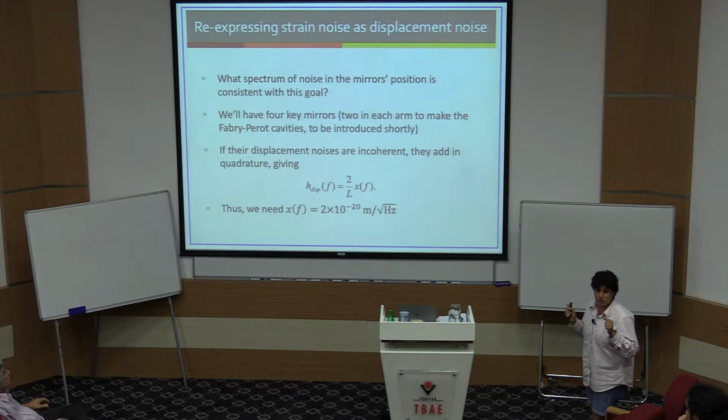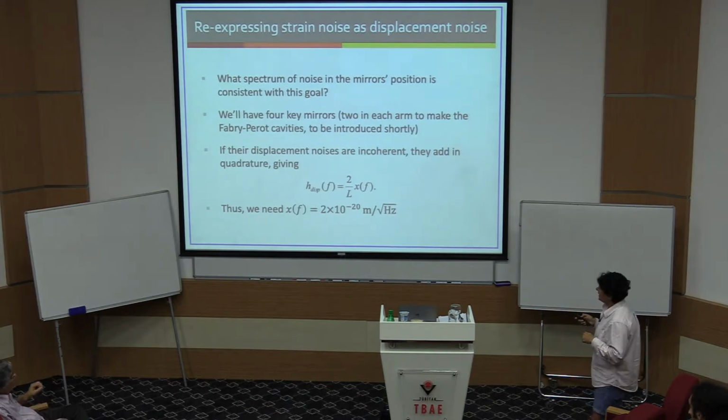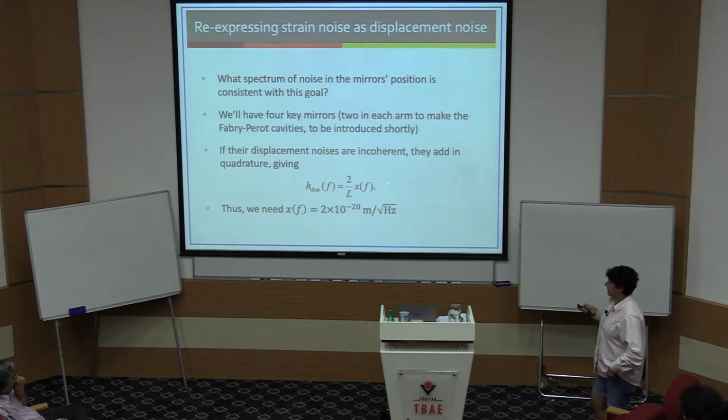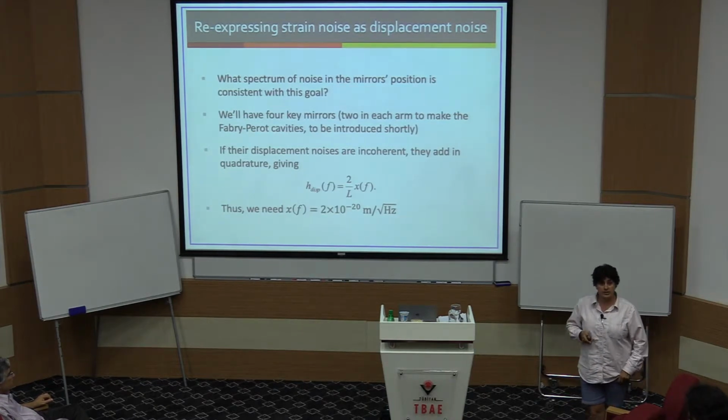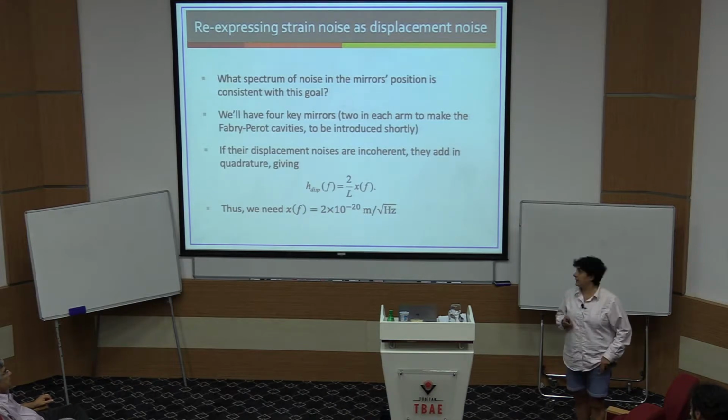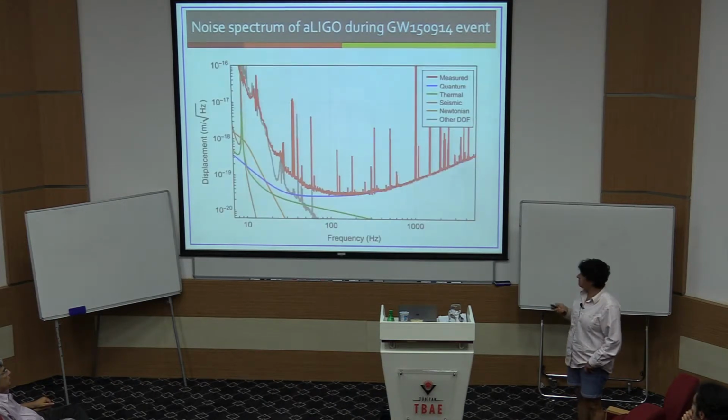I care about the motion of 4 mirrors. They are incoherent, independent of each other, so they add in quadrature, and I get this extra factor of 2. With that, I multiply this out, and I should have 2 times 10 to the minus 20 meters per root Hertz in my spectrum at 100 Hertz. Do we? Here's 100 Hertz, and here is 2 times 10 to the minus 20. So that's a factual statement.